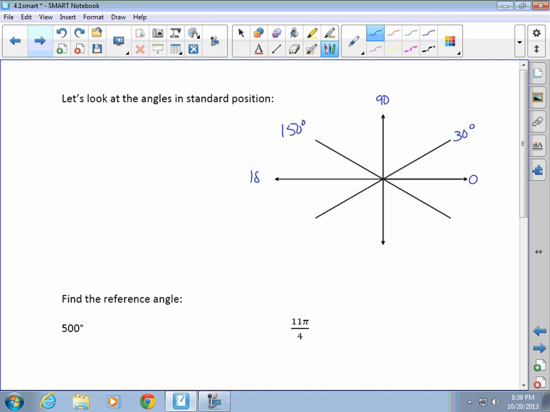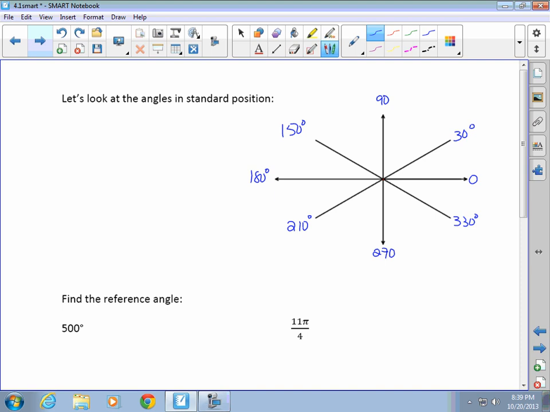Here we would have 180. This one is 210 degrees. This is 270. This is 330 degrees. So if I drew out the angles that were on that previous page, 30, 150, 210, and 330, that's where they would end up in standard position.